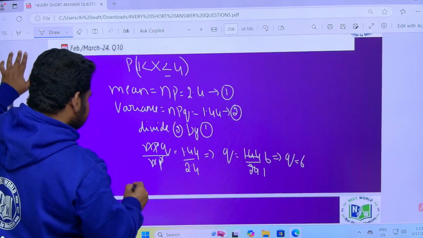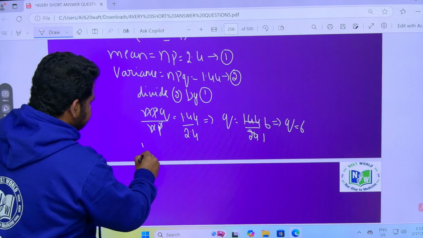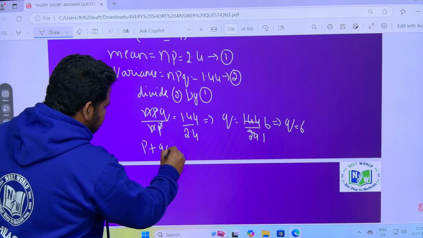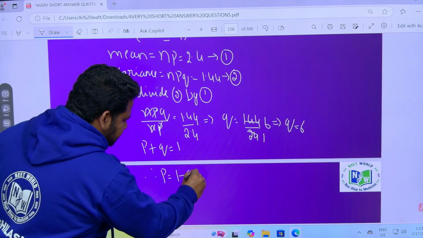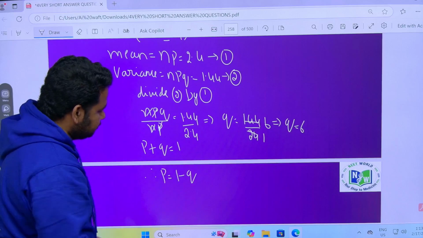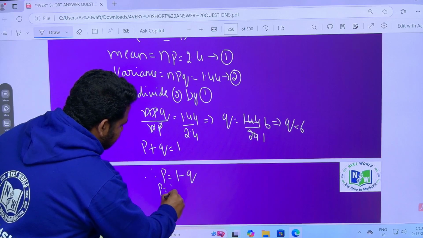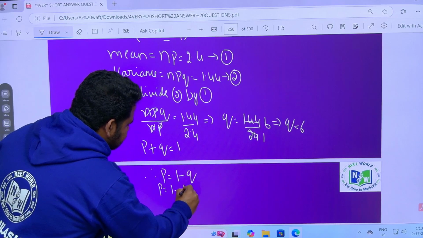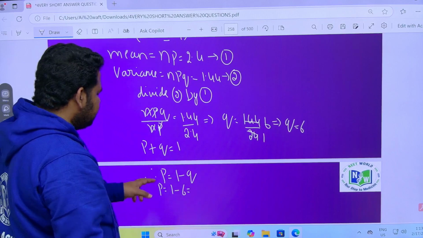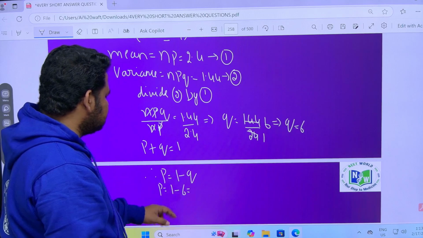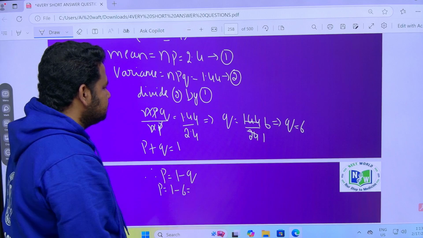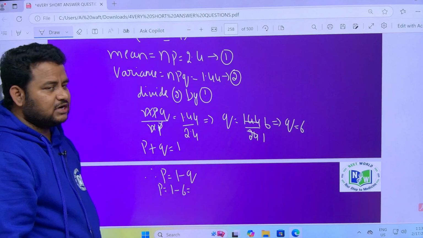But we also know, as I was telling about important results, that p plus q is equal to 1. This implies p is equal to 1 minus q. So p will be 1 minus 6, which is minus 5.